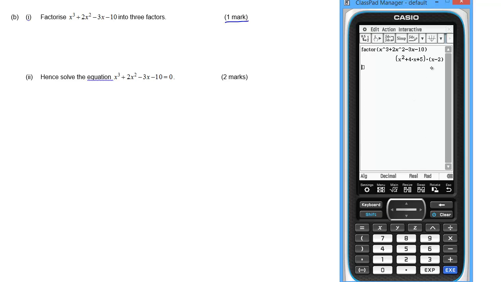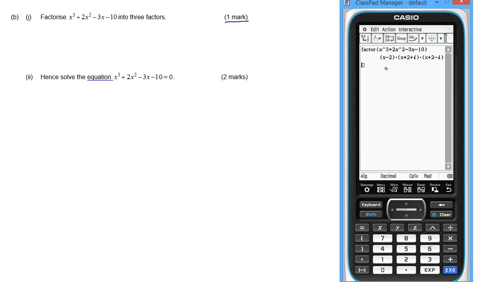If we do that, we get one factor which is linear and a quadratic. And that means this quadratic doesn't factorize. Now the question was about complex numbers to start with in part A, so maybe that gives us a clue that we should be in complex mode.